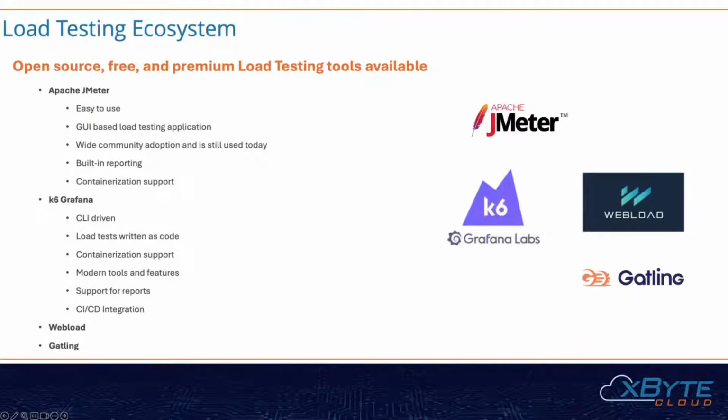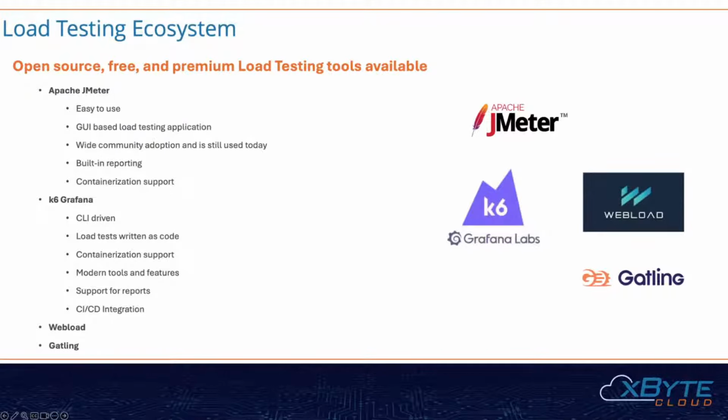It does have some built-in reporting capabilities, so you can visualize how a server is performing over time, and you can export that data and present that in a broader report. And it does even have containerization support. So if you're not load testing a traditional VM, or you're in a containerized environment, you can use Apache JMeter in that context as well.